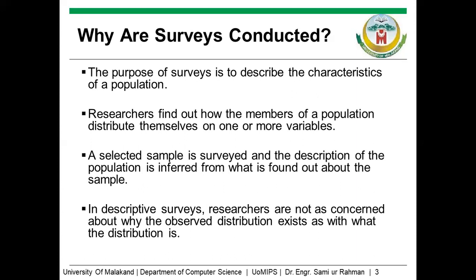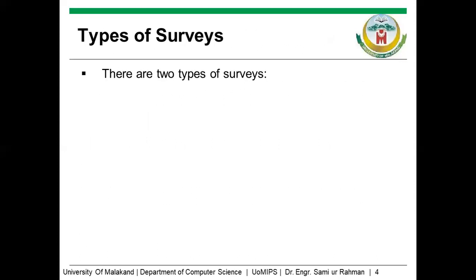We are not interested why the observed distribution is that way, but we are interested what is the distribution. So in descriptive surveys, the point of interest is to find the distribution, and not to find why the distribution is in that way.